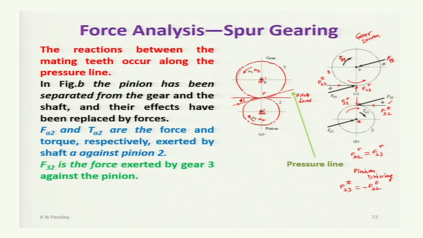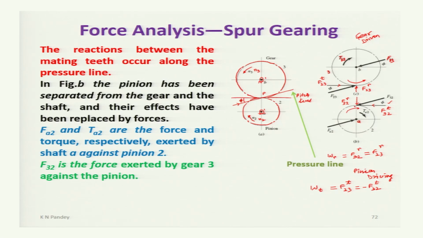Their magnitude is same, but the direction is different, and this is responsible for transmission, and so we will say the transmitted load WT. So this will be called transmitted load WT, and this will be called the radial load WR. So in place of using the subscript 23 or 32, we can replace or use the subscript only tangential and radial between the two gears in mesh.